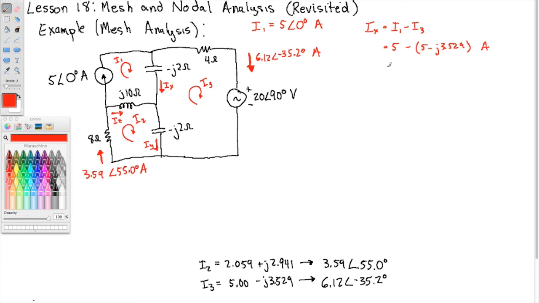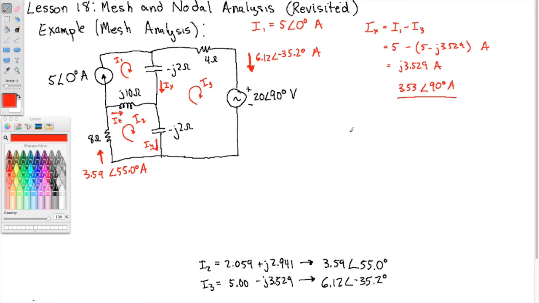So IX is now J 3.529 amps. If we wanted to convert this to polar form, rounding to 3 significant digits, this is 3.53 angle 90 degrees amps. This is IX, and that's the current that goes through this capacitor.